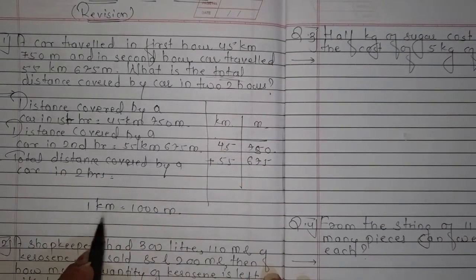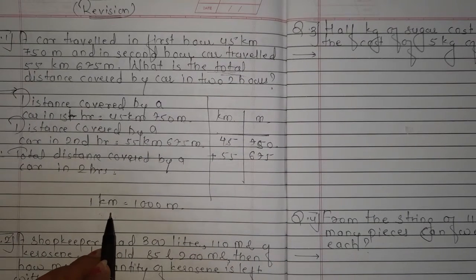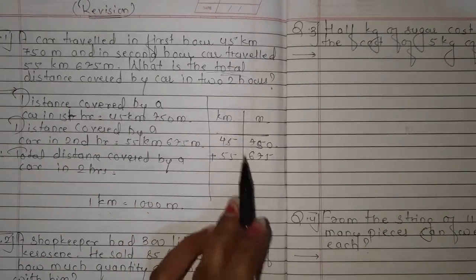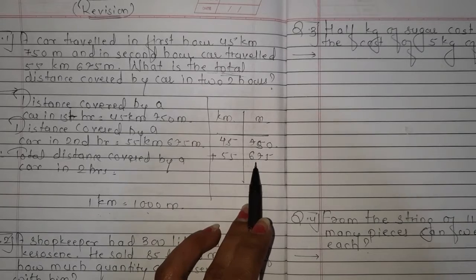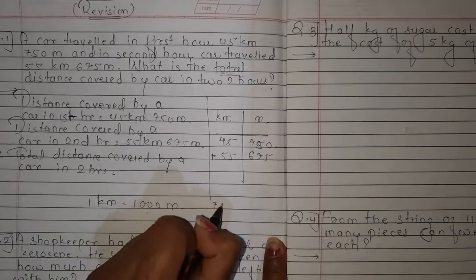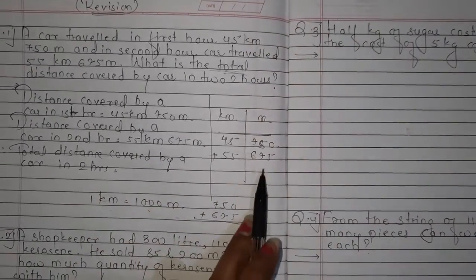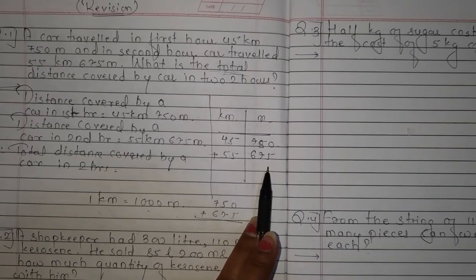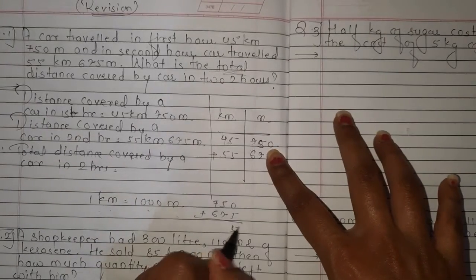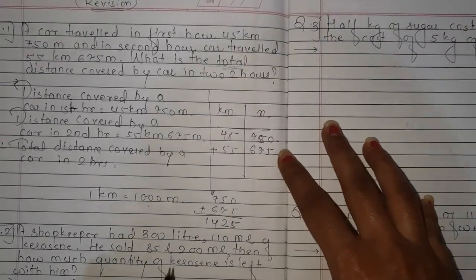This is the formula of kilometer to meter. So first we will add meters, 750 plus 675. First we have to do addition of the small unit. Here the small unit is meter. So 5, 12, 14.